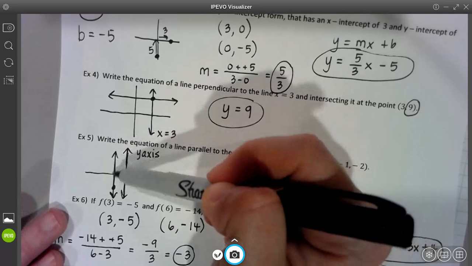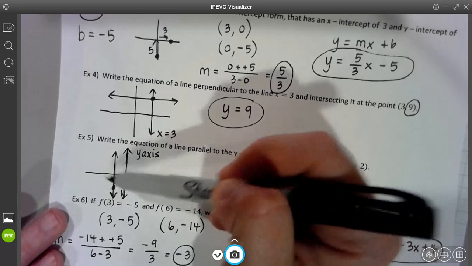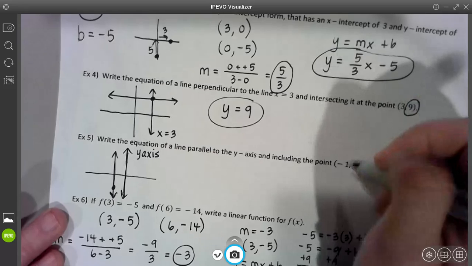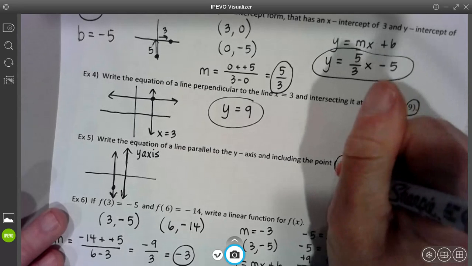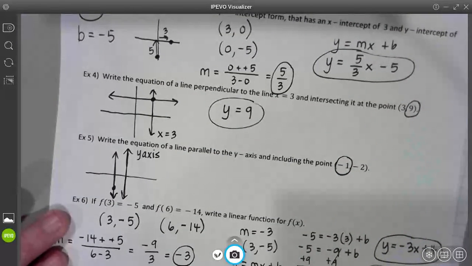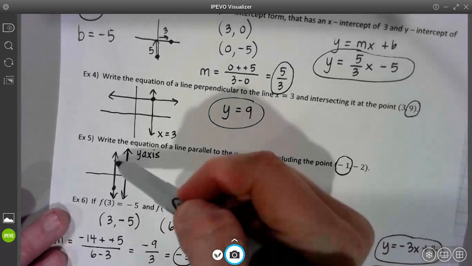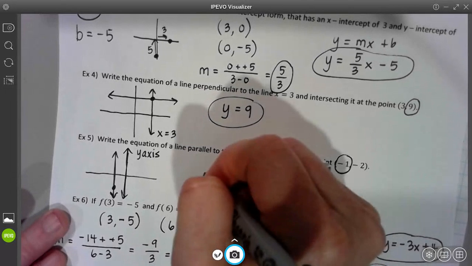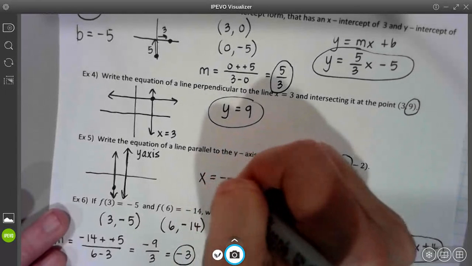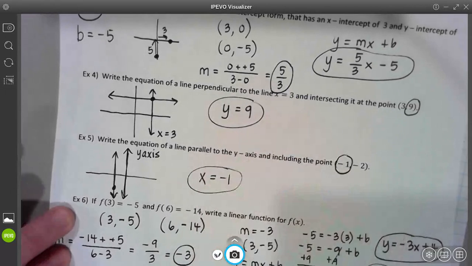The one coordinate that never changes is X. And what is the X coordinate of the point that our line passes through? -1. So every single X coordinate will be -1. Therefore, the line is x equals -1.